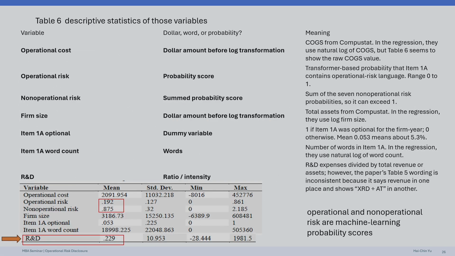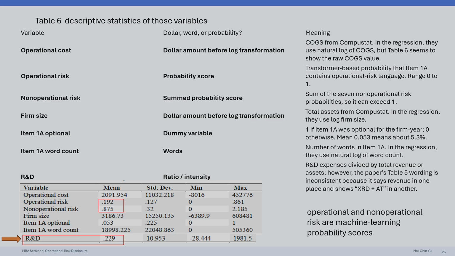And table 6 has another variable summary statistic. I put it here because each one uses a different identity. I really can't stand that. This is for dollars, operational cost. It's a dollar amount. Operational risk, non-operational risk is a probability. And this is a dummy.